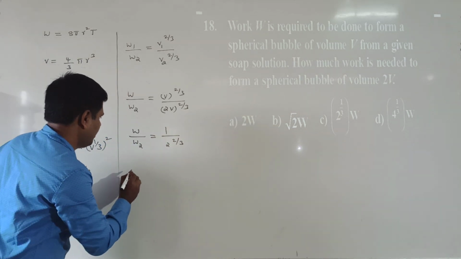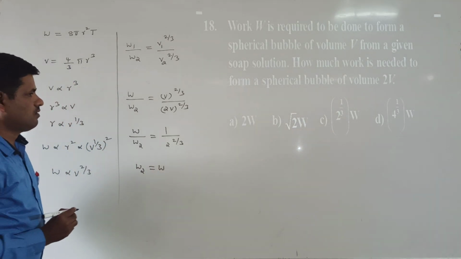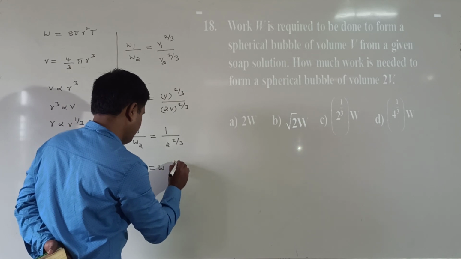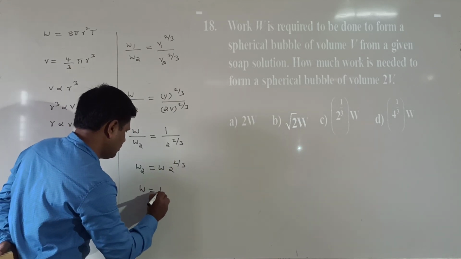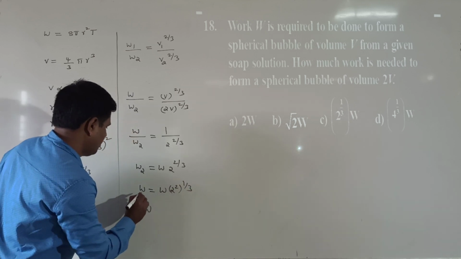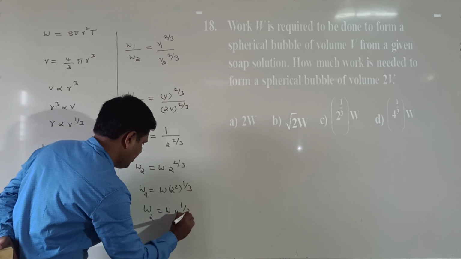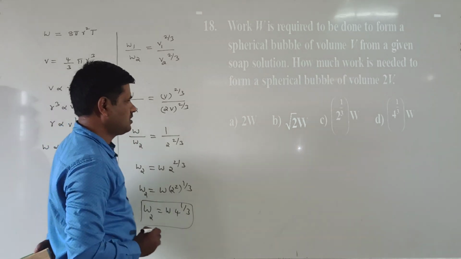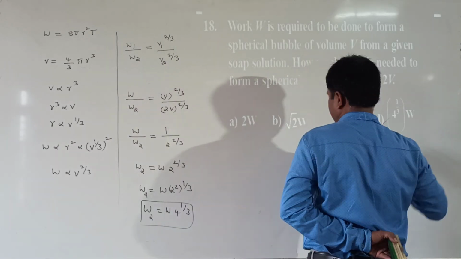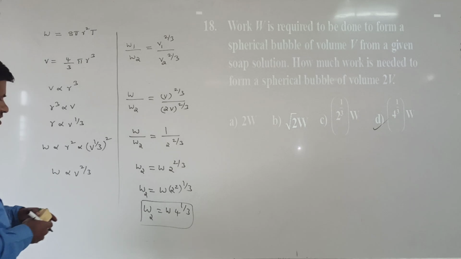Then W2 is equal to W into 2 square whole power of 1 by 3, which is W into 4 to the power of 1 by 3. Which option is correct here? D option is correct.